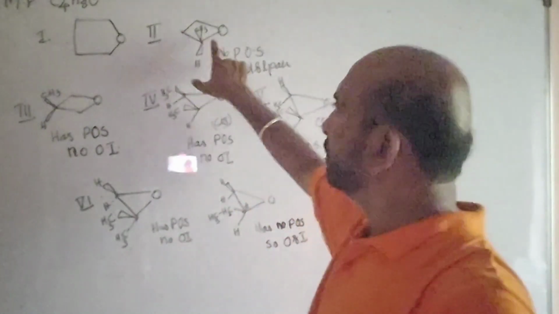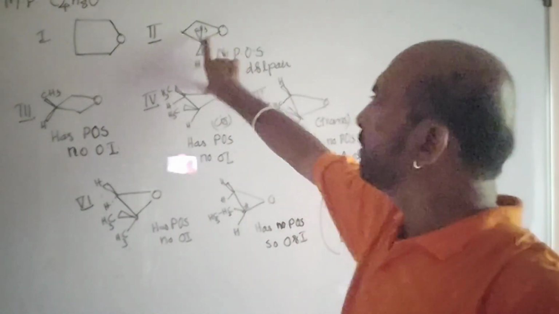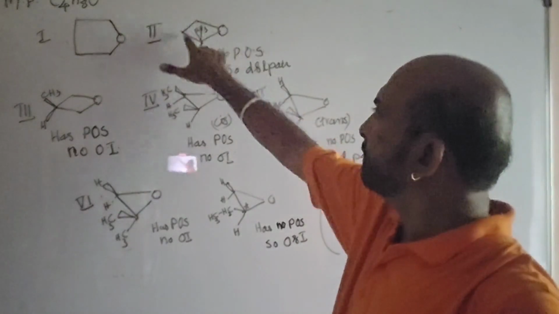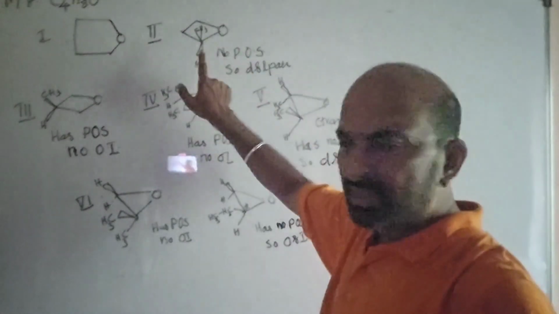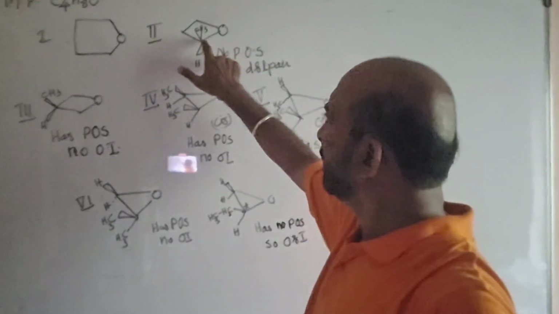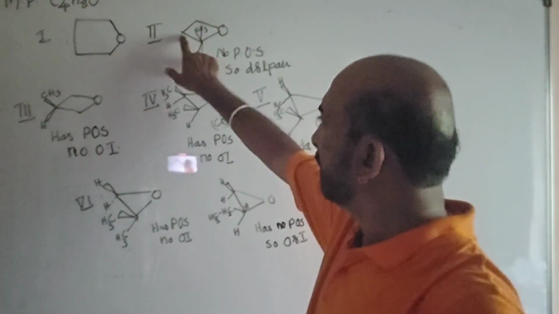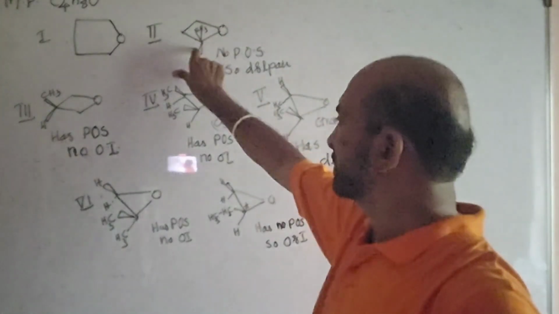Now we go to oxacyclobutane with one methyl group as a side chain. Look here, it is a diamond-shaped etheric molecule with an extra CH3 either on the next carbon or on the rearmost carbon with respect to oxygen.